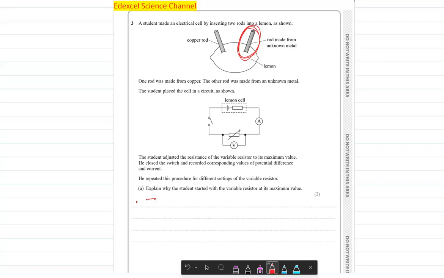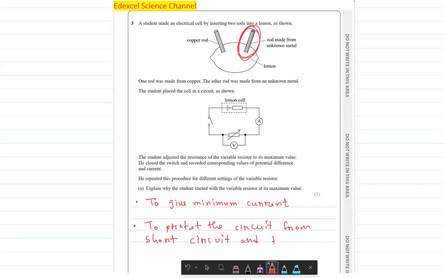So my first point is to give minimum current, and then to explain it further, to protect the circuit from short circuit, and the emitter.